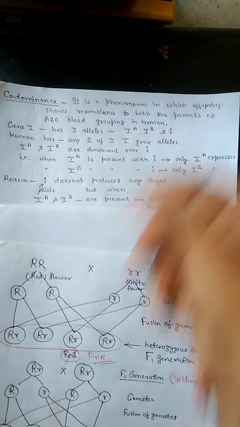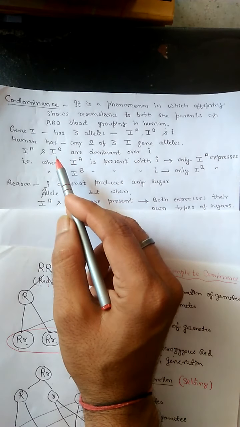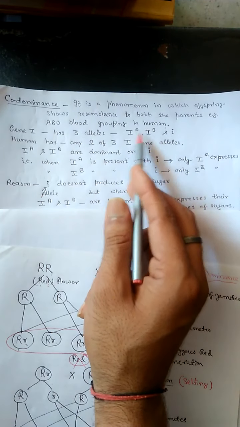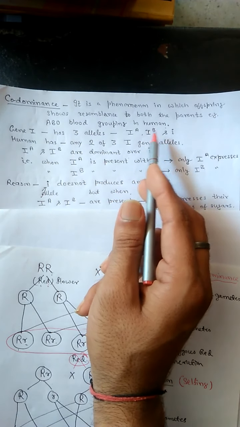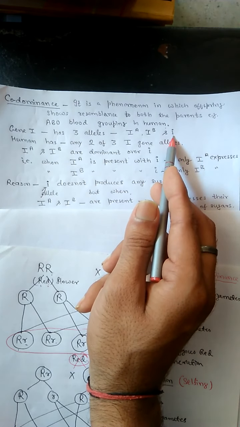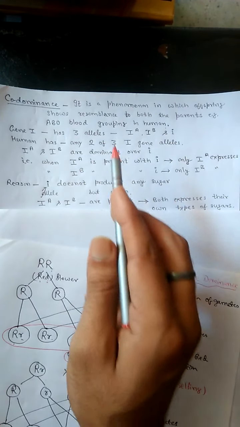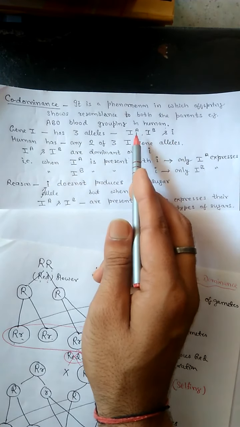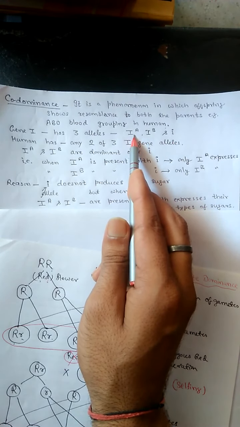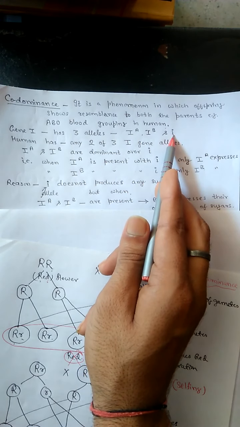Let us also understand the other rule, that IA and IB are always dominant over the allele small i. So when IA is present with i, only IA will be able to show its expression, meaning IA is dominant as compared to small i.